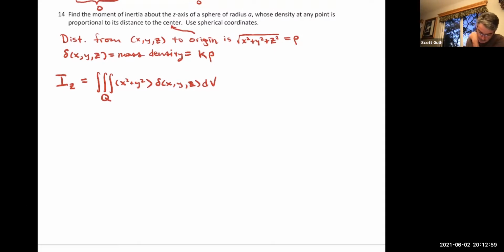You might remember that r squared is x squared plus y squared, and delta of x, y, z is k times rho.